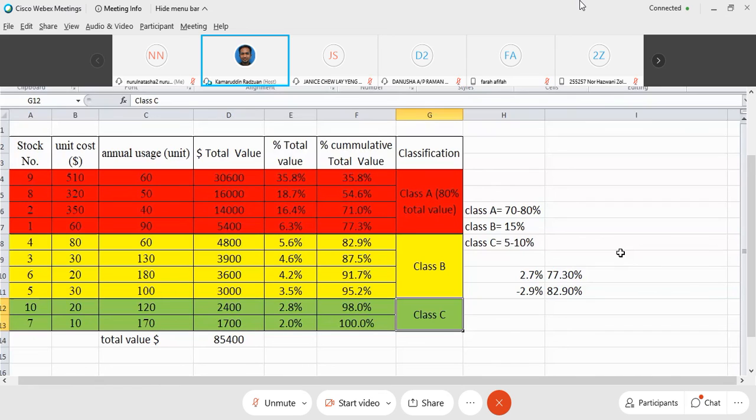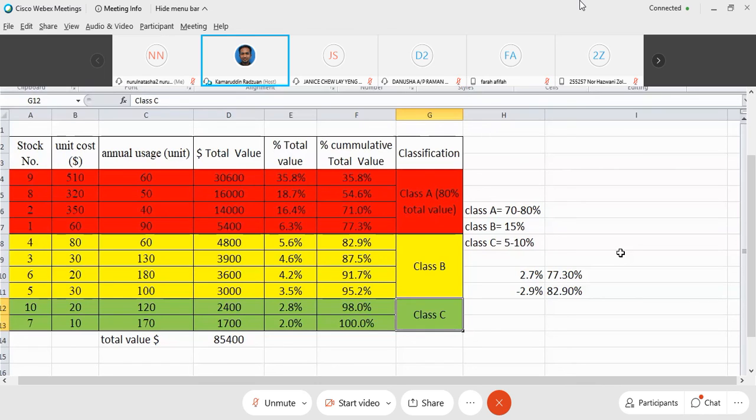Can you be more specific on how we handle the cost based on the classification of inventory? Maybe class A item is more valuable than class B item, so they have to take care more of inventory A, so it will cost more. Okay. So maybe they need a more secure place to keep the inventory. Okay, good point.